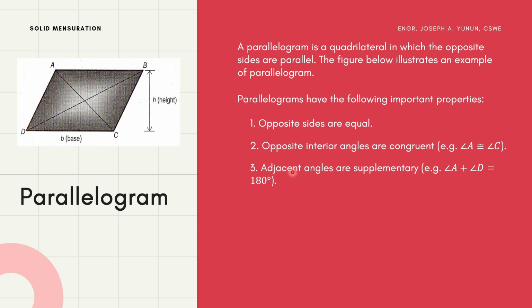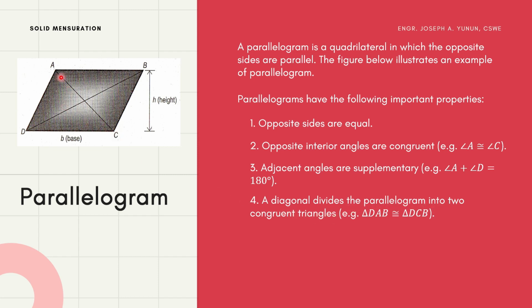Adjacent angles, which are A and D, and similarly A and B, B and C, and C and D, add up to 180 degrees. Then a diagonal divides a parallelogram into two congruent triangles.